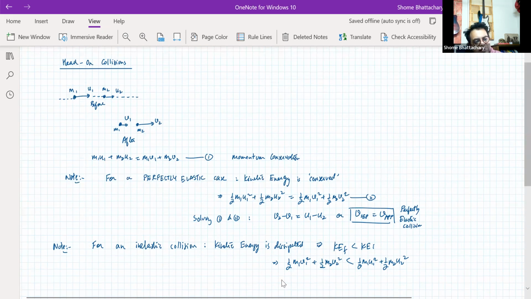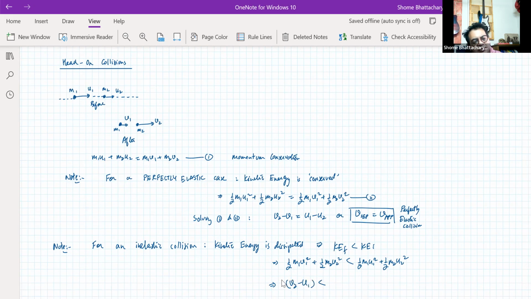So this will finally give us the result that v2 minus v1, instead of being equal to, becomes less than u1 minus u2, or the separation velocity becomes less than the approach velocity in the case of the inelastic collision.